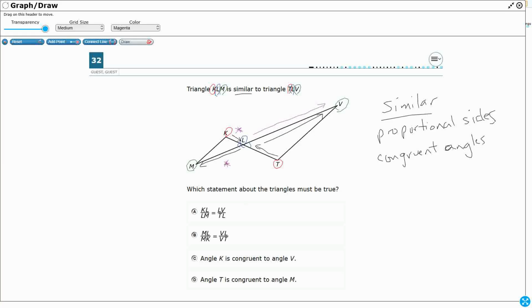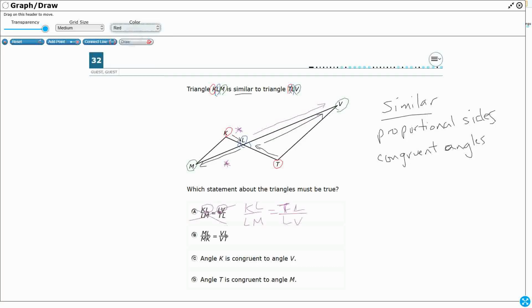It should be KL to LM. The way I've set it up here it should go TL, let's make that a T, to LV. But they inverted it. They did LV to TL. So KL is not lined up with LV. They're both on the top, but we inverted it. So that's a no.